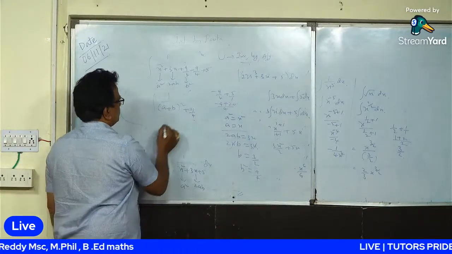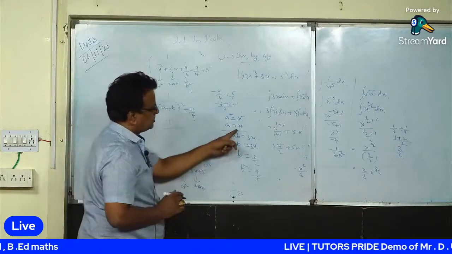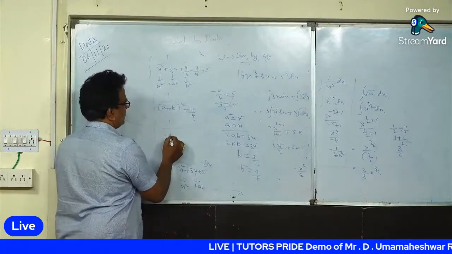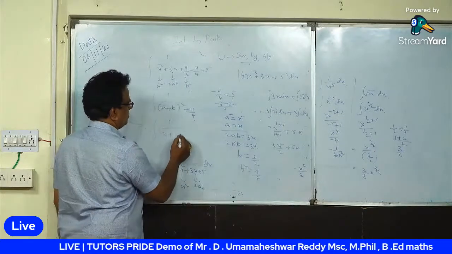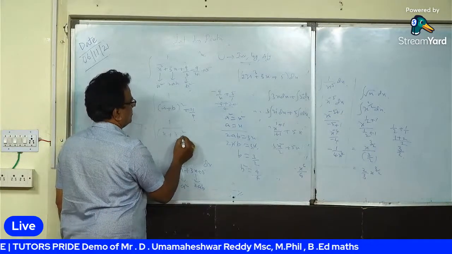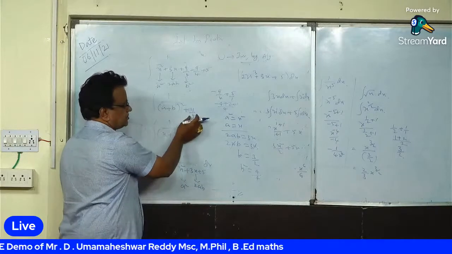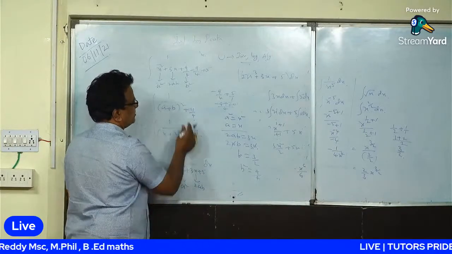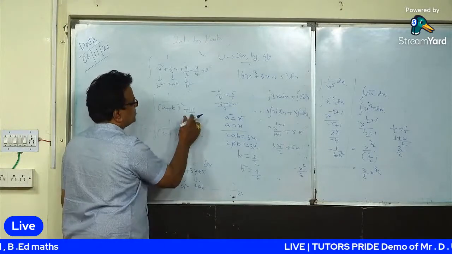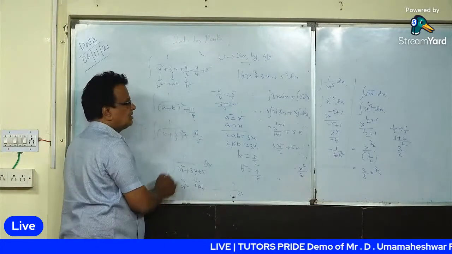So what is a here? The value of a is x. The value of b is 3 by 2, so x plus 3 by 2 whole square, plus you also write the 11 by 4 in the form of a square. How? Root 11 by 2 whole square, because 11 is not a perfect square. 4 is a perfect square, you can write 2 square, but 11 is not.